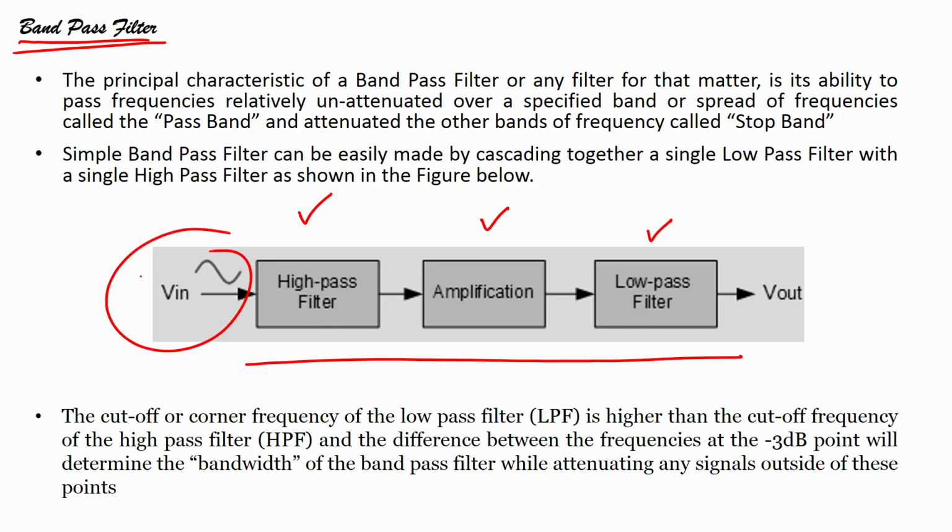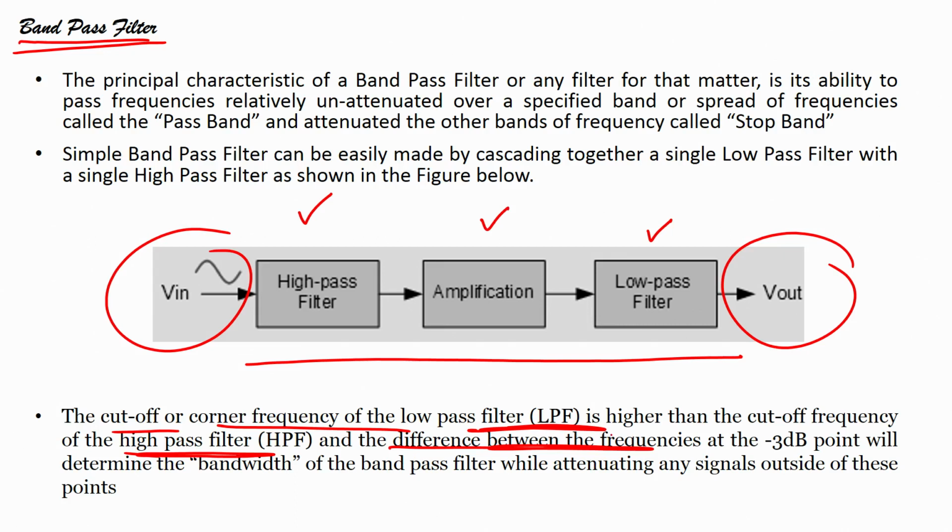Given an input peak to peak with a certain frequency, we will see what the output is and which frequencies it can pass. The cutoff or corner frequency of the low pass filter is higher than the cutoff frequency of the high pass filter, and the difference between the frequencies at the -3 dB points will determine the bandwidth of the band pass filter. What does it mean?